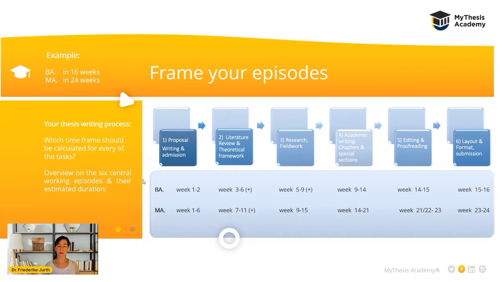But you should keep in mind that you also have to check and double check the references, the footnotes, whatever, that you have to pay attention to the tables and figures and to all the formatting and the layout.